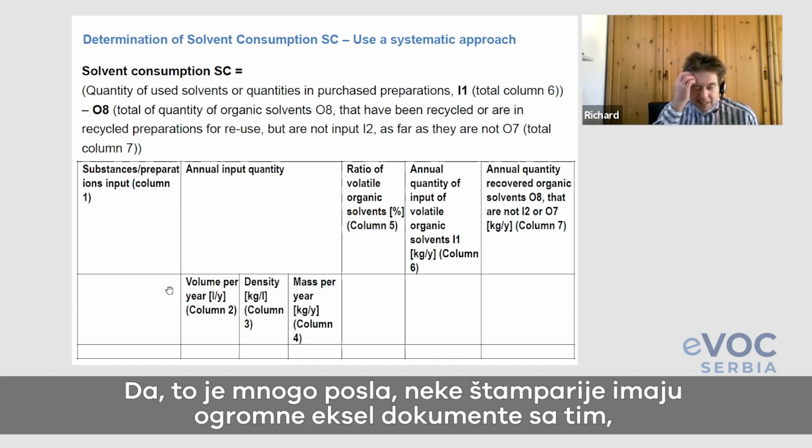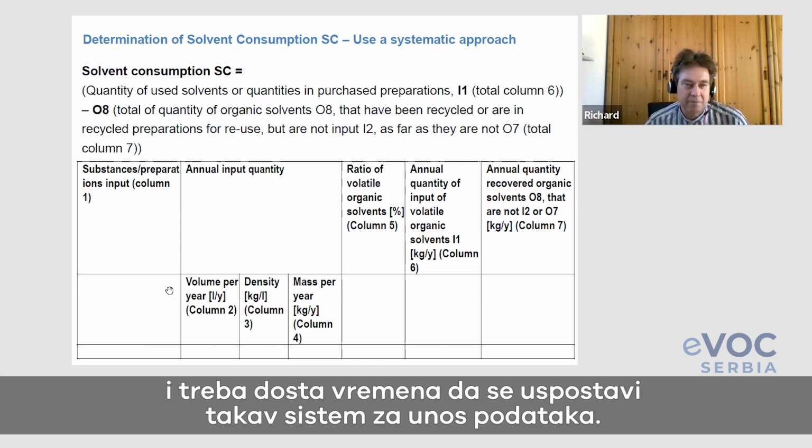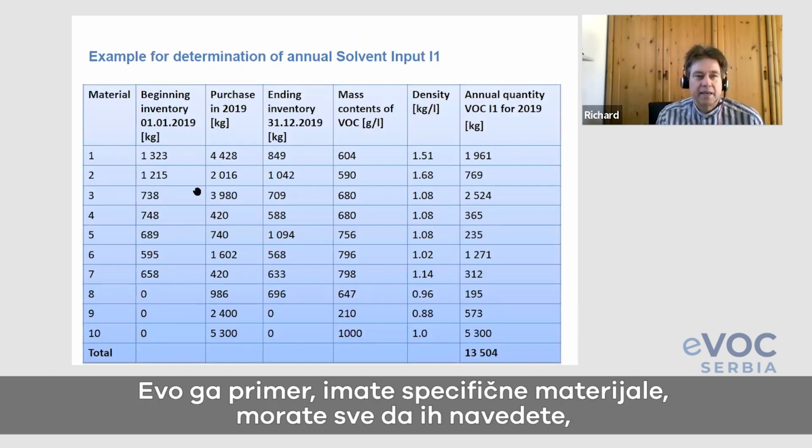I know it can be very hard work. Some large printing units have big Excel sheets, it's very comprehensive, and it takes time to establish such an input system. Here's an example. You have a specific material, and you have to list all the used materials.